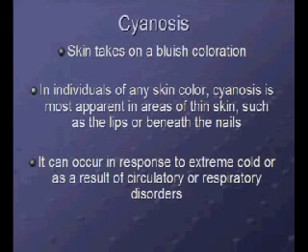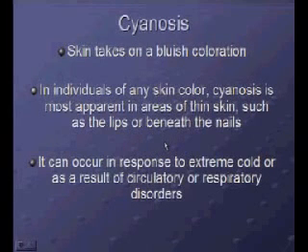And so it's a clinical sign of extreme concern, unless, of course, it's a result of the environment, and as shown on the slide as well, in extreme environmental conditions such as extreme cold, there's a response of the circulatory system to constrict the superficial blood vessels, which will deprive the superficial tissue of oxygen, and thus you'll see a bluish discoloration. But you expect to see that in an extremely cold environment. In a clinical setting, if you see cyanosis, it typically is indicative of a problem, sometimes a problem to a degree that requires life-saving measures to be taken.